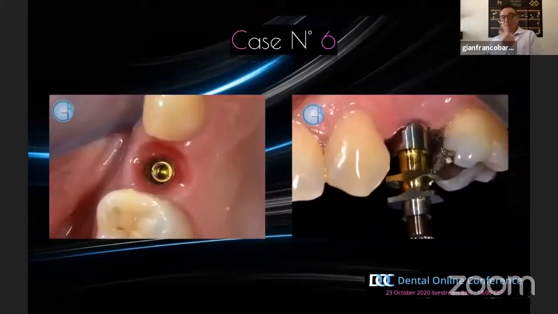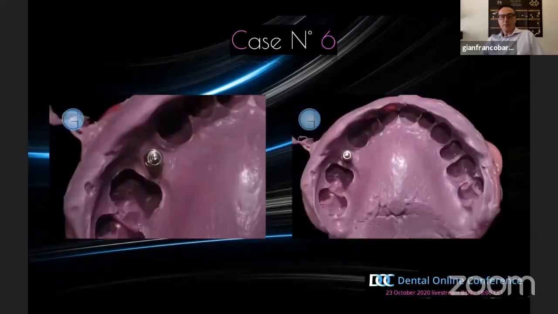And now we're going to see one of these cases made with this particular T-base abutment impression.